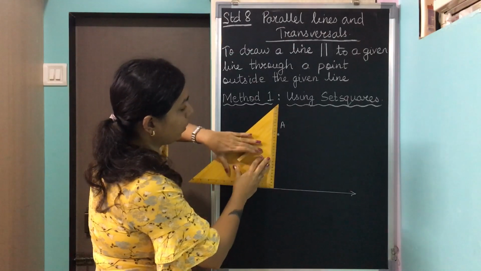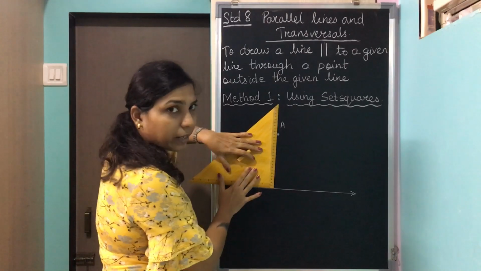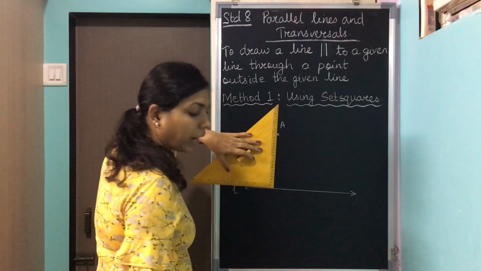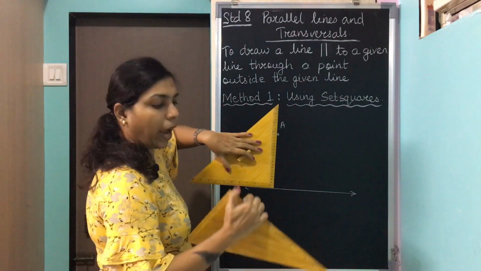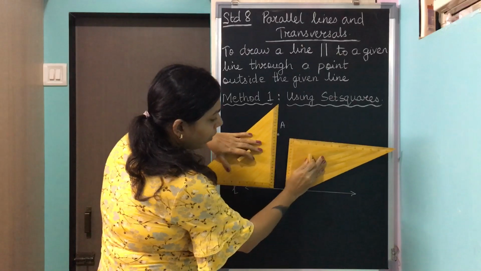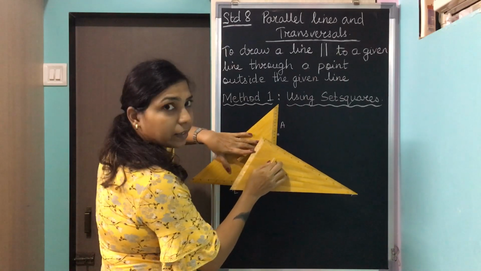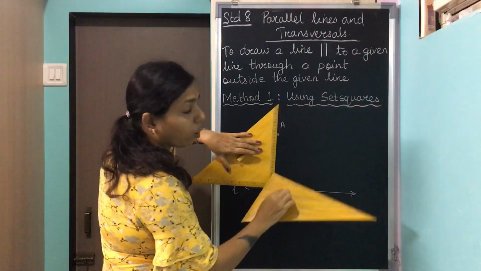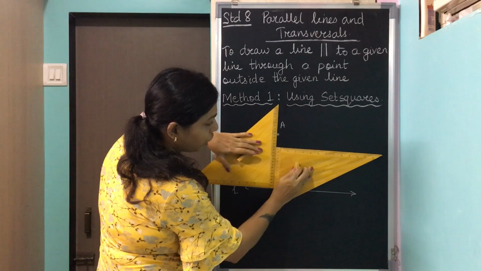Now you have to hold this tightly. Don't change the position of this set square. You get your other set square in which your right angle is now at the top. Now you have to touch this side of the set square to this side of the first set square. So both the set squares now have to touch each other properly.